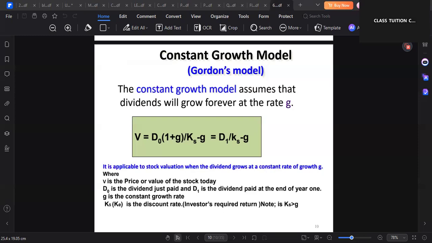It should always be greater than growth, otherwise the denominator will be negative, and that will imply that we have an infinite or negative value, which doesn't make sense. So our value of stock using Gordon's model is V equals D1 over (K minus g). Now we know that D1 is the same as D0 times (1 plus growth). So you need to understand Gordon's model.